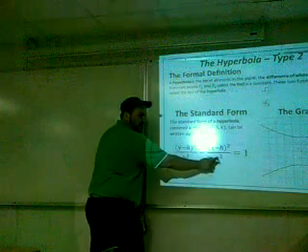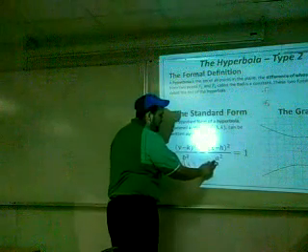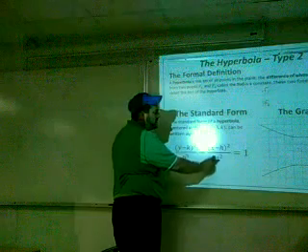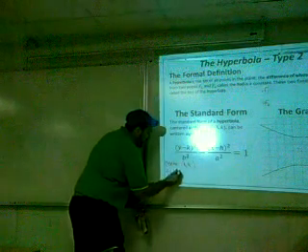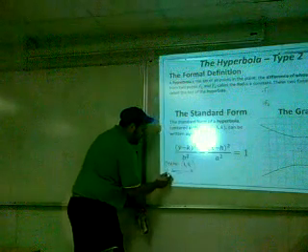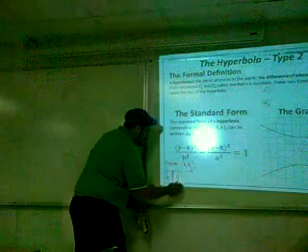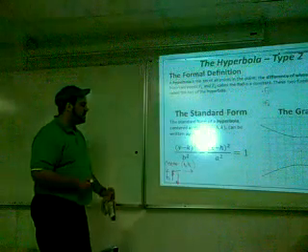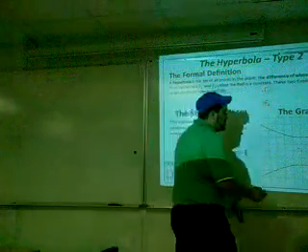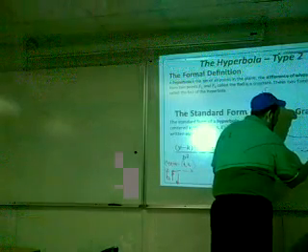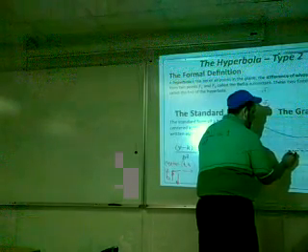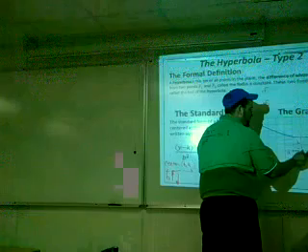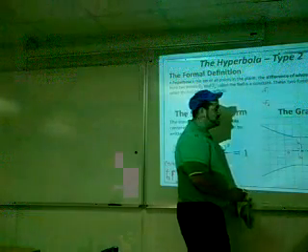The a value, pay attention to the location of the a value. The a is always going to be underneath the x squared. The a is still how far left and right you move. The b is still how far up and down you move. We're going to start at the center. I'm going to move a spaces right and a spaces left. I'm going to move b spaces up and b spaces down.